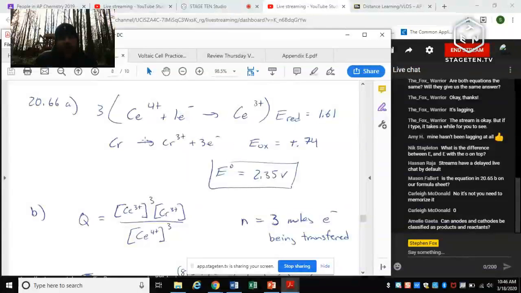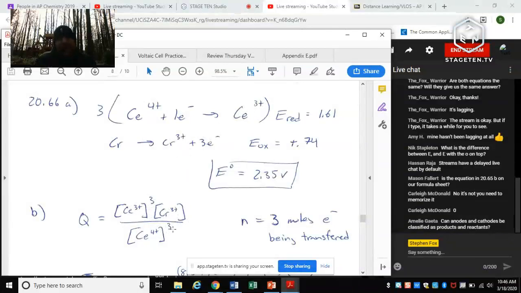So if we add these two reactions together, notice that we have 2 products that should be in the equilibrium expression, and the Ce3+ ions have a coefficient of 3 in front of them. So for my Q calculation, I need to cube them. It's the same thing as the equilibrium expression. So this is my Q calculation: I've got to cube that concentration, and I've got to cube that concentration.